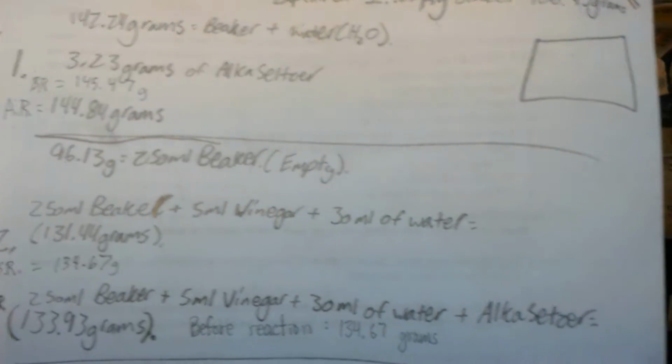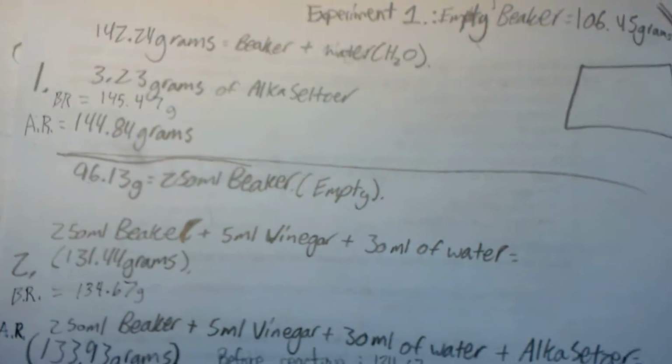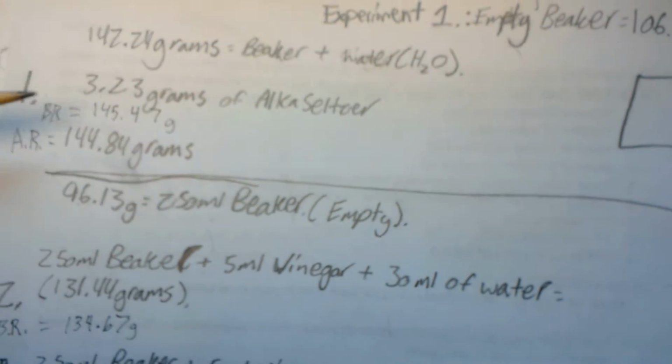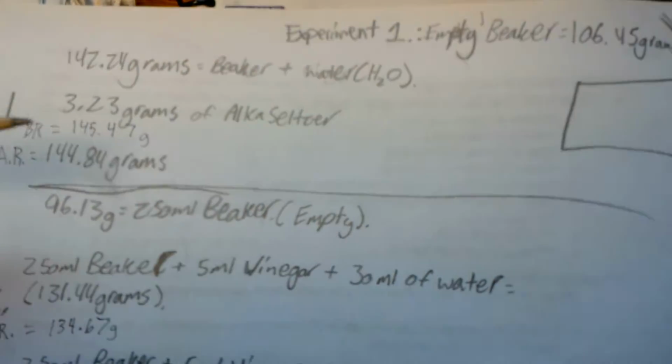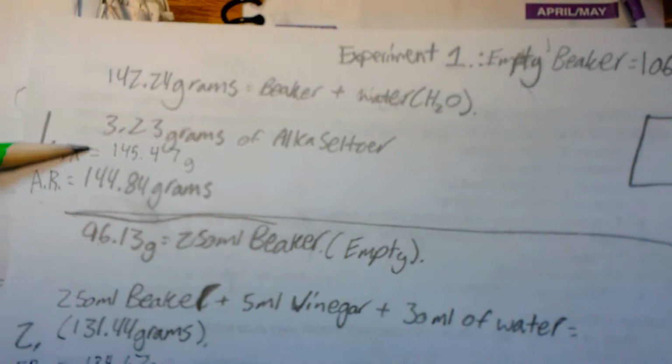So that's for the first trial. You're not going to have any vinegar for that one. Once you add the Alka-Seltzer with that, you get a before reaction of 145.47. So let's put that there on the first one.